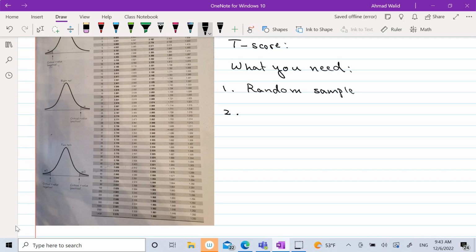Requirement number two is the sample size should be greater than 30, or you should have a sample from a population that is normally distributed.